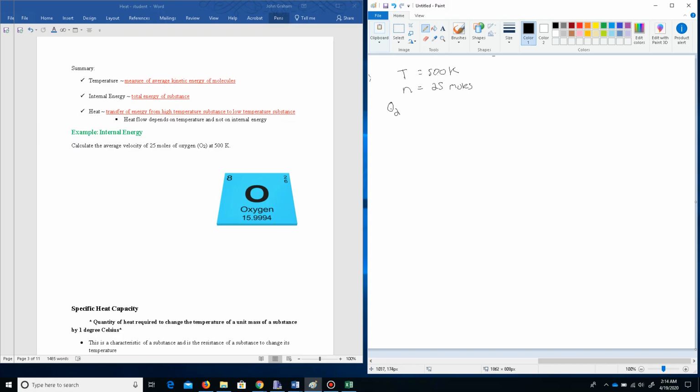We want to find the internal energy. Internal energy is U equals 3/2 nRT.